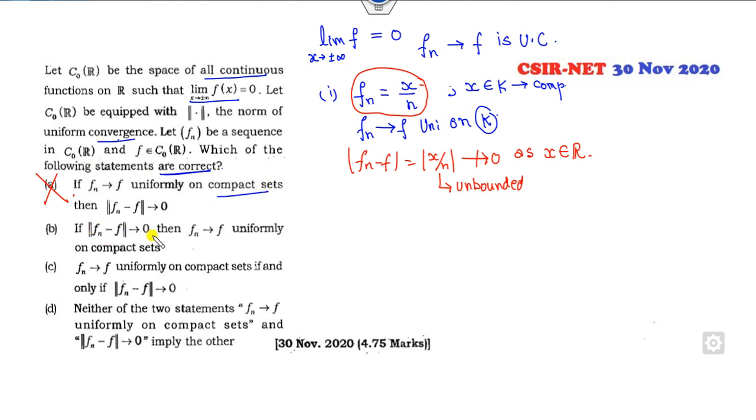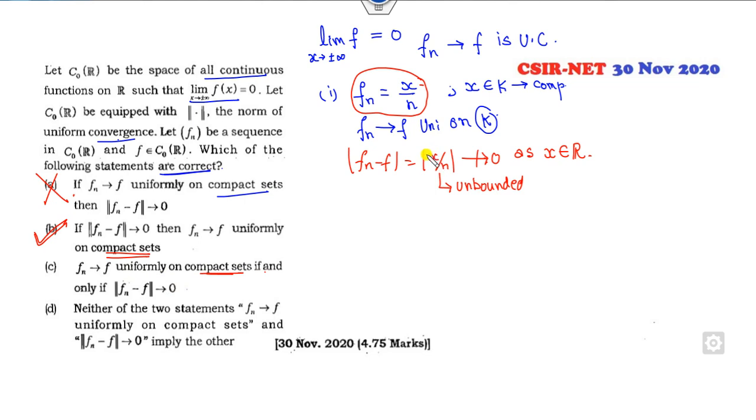If this goes to 0, then fn converges uniformly on the compact set. It's a correct option. But is it if and only if?